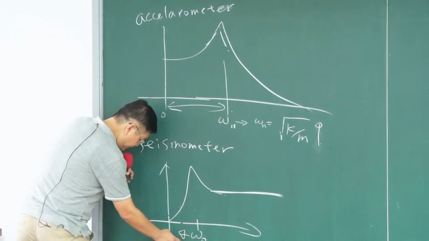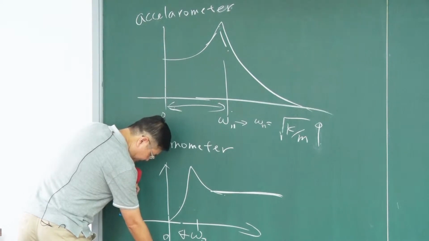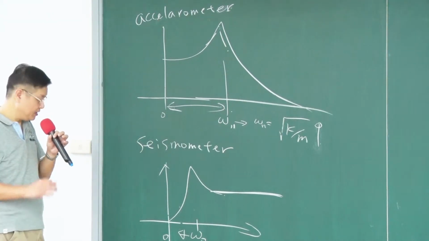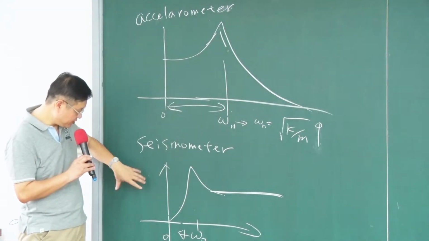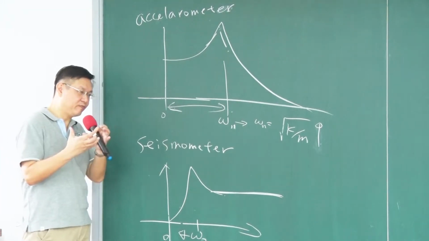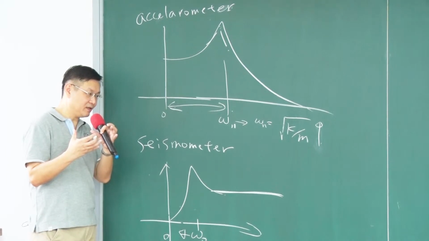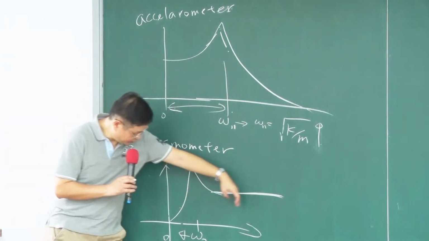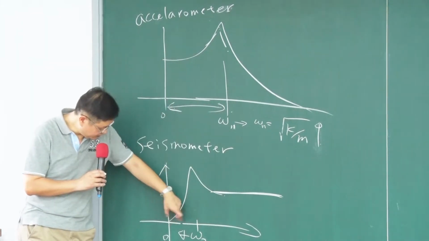So in order to decrease this one, you need to increase the mass or decrease the spring constant. Okay, so that means in seismometer you need to use a huge proof mass, in order to increase the sensing region and reduce the natural frequency.